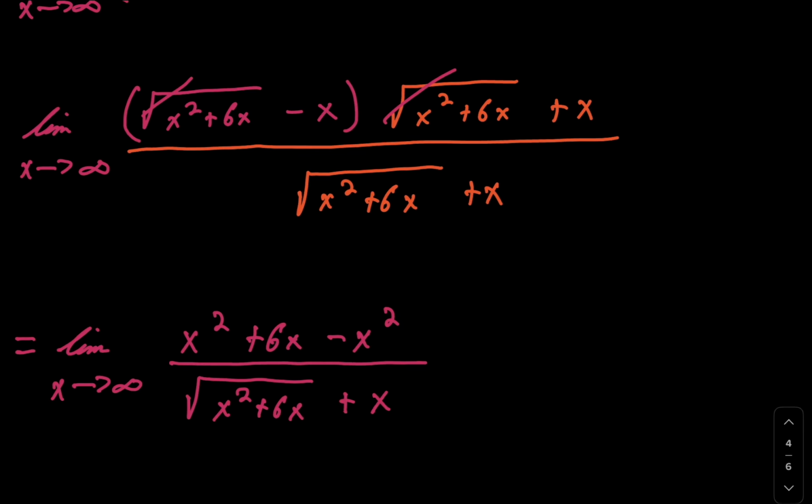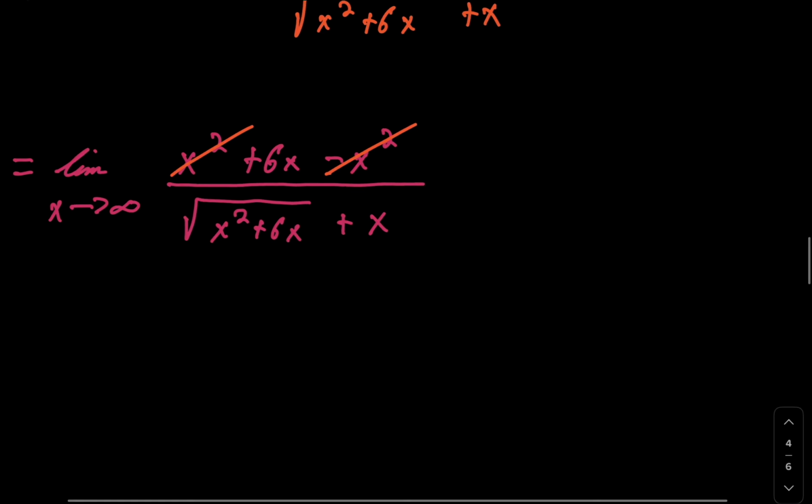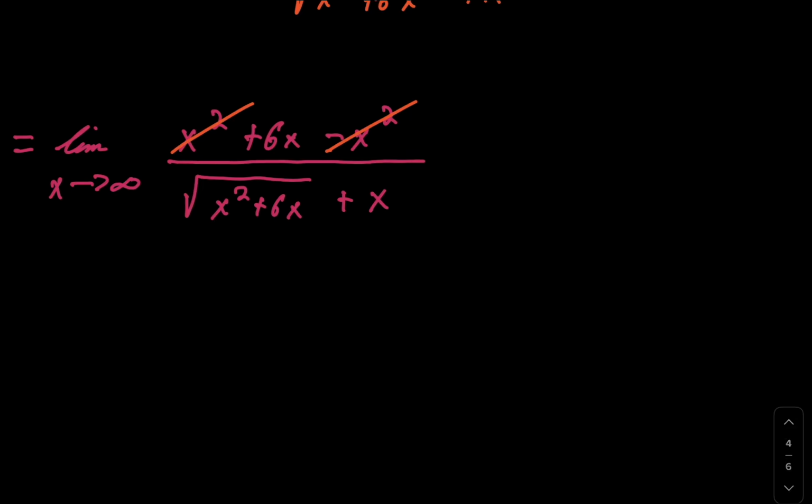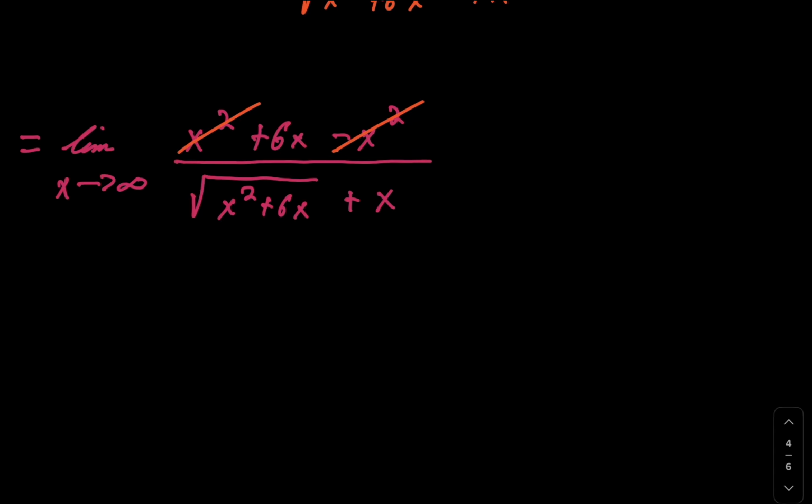All right. I see an x squared and a negative x squared, so let's make those disappear. And now if we try to plug in, and I'm being a bit loose with what I'm saying right now, if we try to plug in infinity everywhere we see an x, it's not quite clear what our answer is, okay?